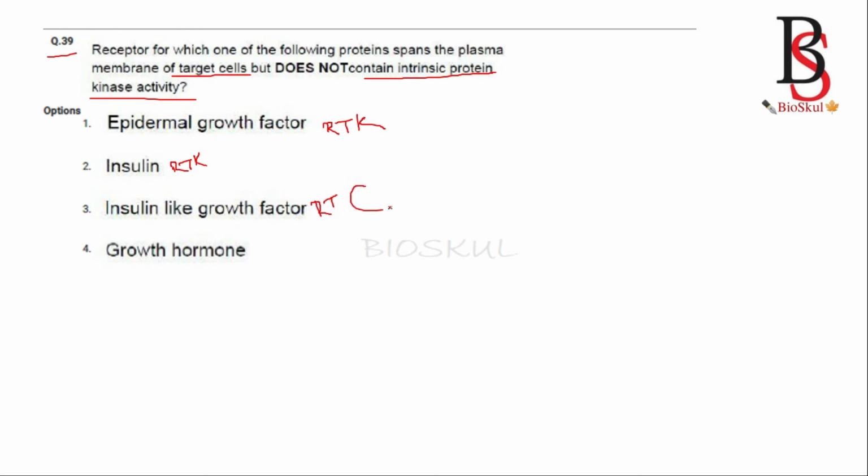But for growth hormone, the receptor is from the class 1 cytokine receptor family, like the prolactin receptor and erythropoietin receptor. So which of the following does not contain intrinsic protein kinase activity? That is option 4, growth hormone.